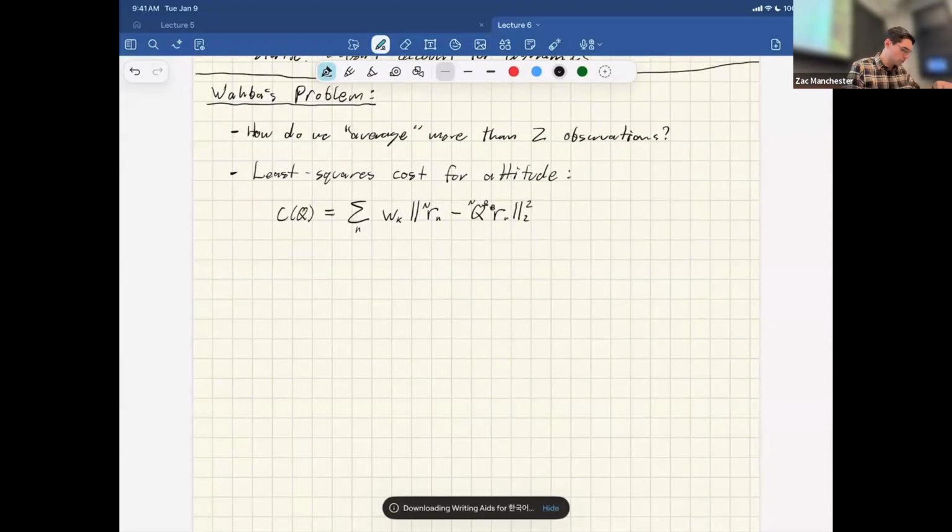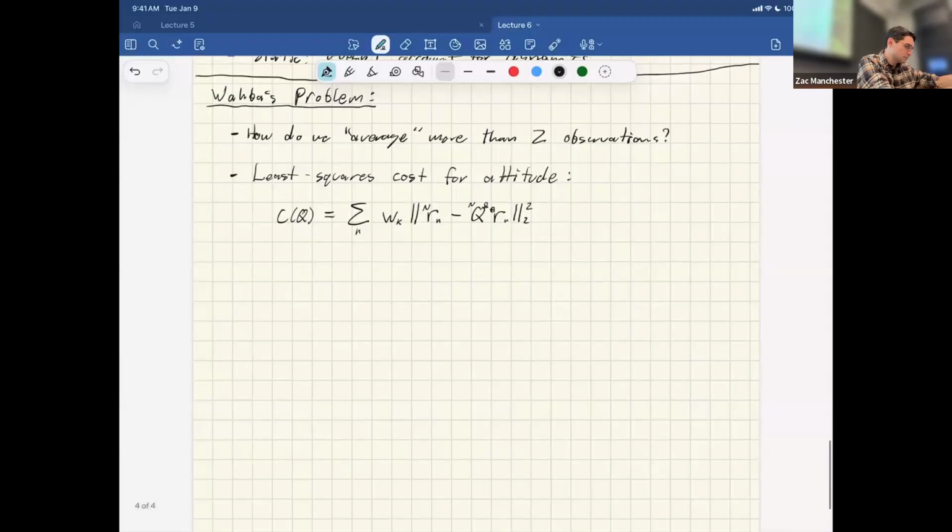What else to say about that? Yeah. So these are scalar weights. The idea there is if you have data from different sensors of varying quality, you want to trust some sensors more than others. So you'll upweight the trustworthy ones and downweight the noisier, crappier ones.